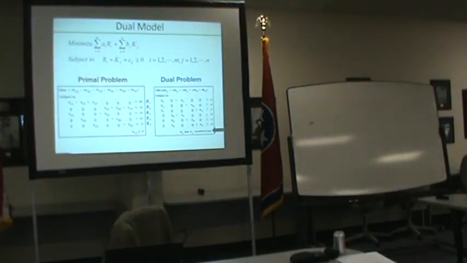So you multiply the availability figures by the dual values of the rows and the demand conditions by the dual values of the columns. And every constraint is Ri plus Kj plus Cij less than or equal to 0, as you saw before.